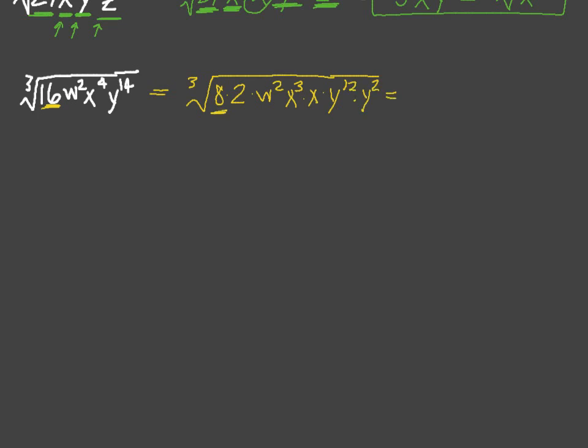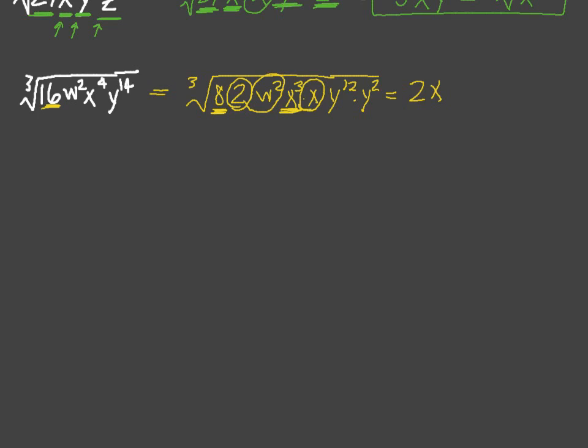The cube root of 8 is 2, so 2 can come out. 2 is going to have to stay behind because that's not a perfect cube. W squared is going to have to stay behind because that's not a perfect cube. Z to the 3rd, the cube root of z to the 3rd is z, so that can come out.